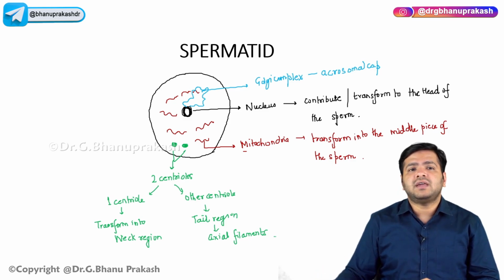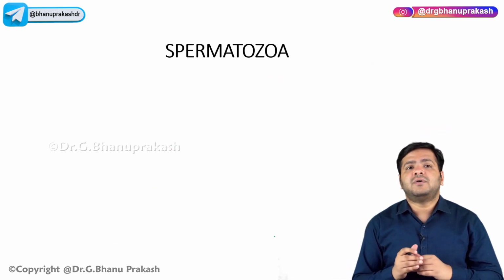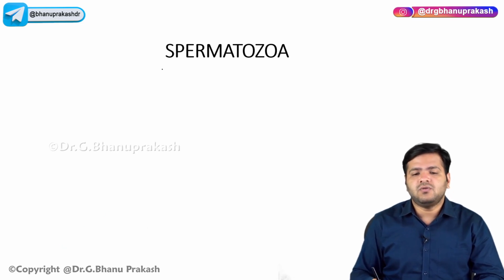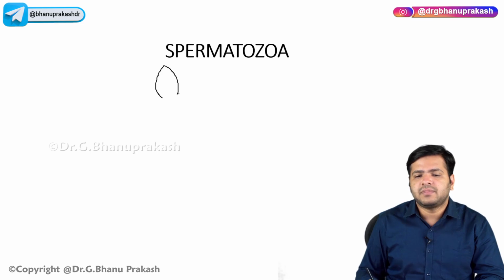Now, coming on to the next, that is the structure of the sperm or the spermatozoa. So, a very simple line diagram that I will draw for you. You already know that this is the head of the sperm, right? The head continues with the neck of the sperm.